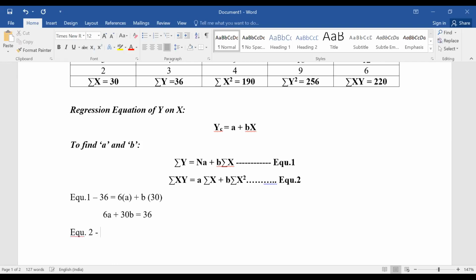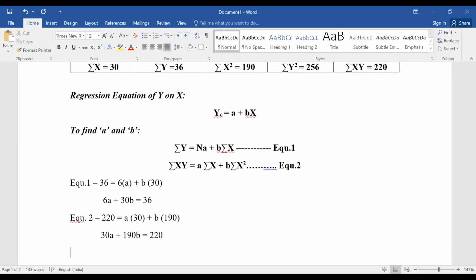Now equation 2: summation xy, 220, equals a into summation x, which is 30, plus b into summation x square, which is 190. Therefore the second equation will be 30a plus 190b equal to 220.